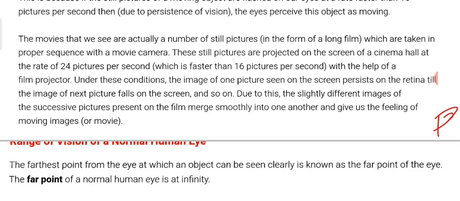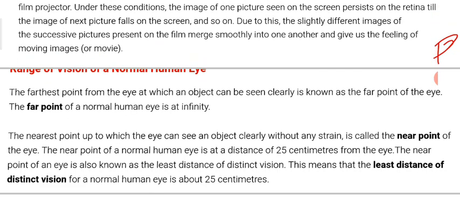Under these conditions, the image of one picture seen on the screen persists on the retina till the image of the next picture falls on the screen, and so on. Due to this, the slightly different images of the successive pictures merge smoothly into one another and give us the feeling of a moving image or movie.